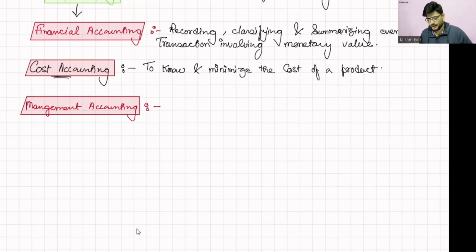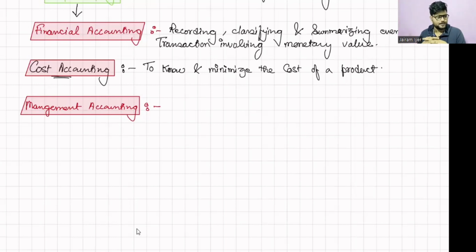But in the reports of management accounting, do you think they'll just give you the profit and loss account and balance sheet? Will that help in decision making? No. Many more things are there. Some more internal matters are there where the management needs to see where their resources are being allocated.